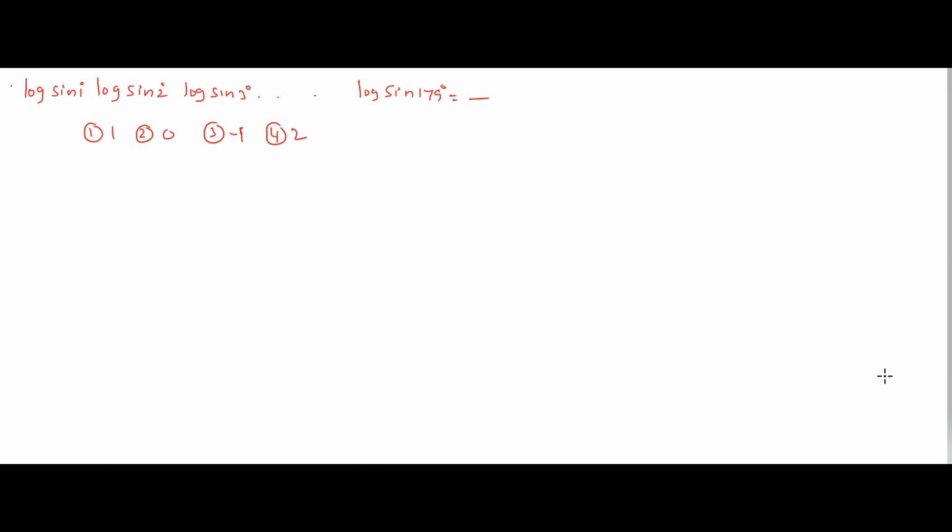Log sin 1 degree into log sin 2 degree into log sin 3 degree plus up to log sin 179 degrees is equal to what? Here it is given log sin 1 degree into log sin 2 degree into log sin 3 degree up to, in between these two, log sin 90 degree, up to log of sin 179 degrees.